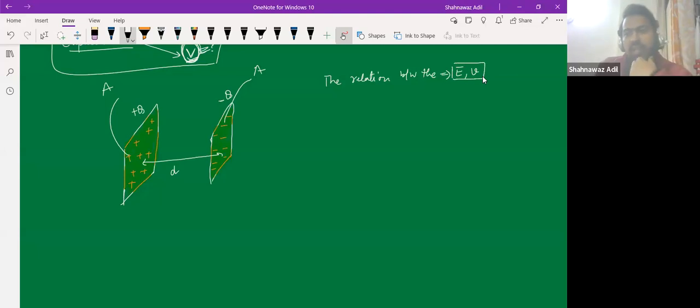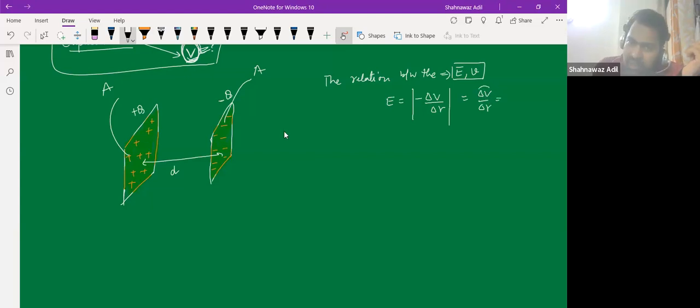What is the relation? We remember, so electric field was minus delta V by delta R. Let's say we are taking the mod of it, so this would be delta V by delta R.